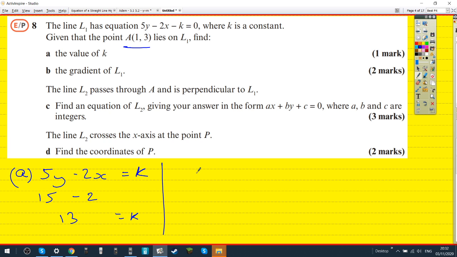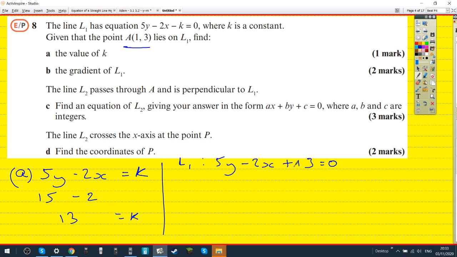Okay, and the rest of that is pretty much the same. The line L2 crosses the x-axis. So let's say L1. This L1 up here, we now know it's 5y minus 2x plus 13 equals 0.